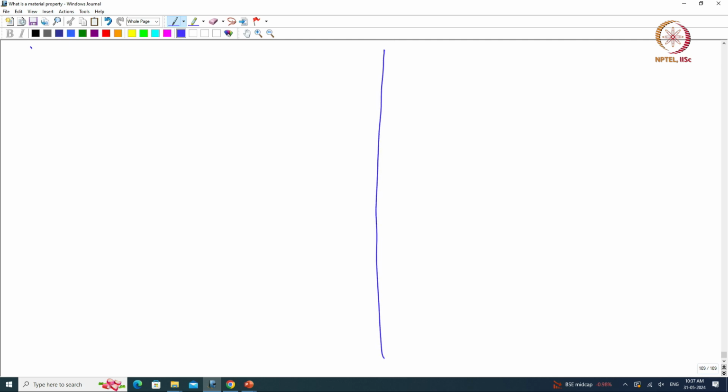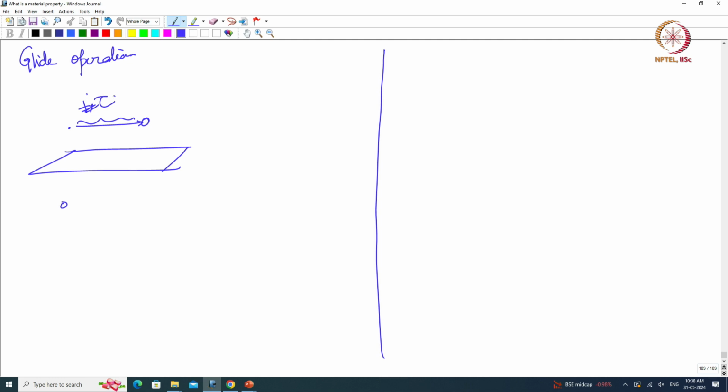So then I define what are called the glide operations. Essentially, I have a mirror plane, I mirror my asymmetric unit about the mirror plane, but I do not have a point here, rather I have a point which is translated somewhere else, right. So, this is translated about a sublattice vector, this is the tau vector, right. So, this is the mirror followed by tau, right.